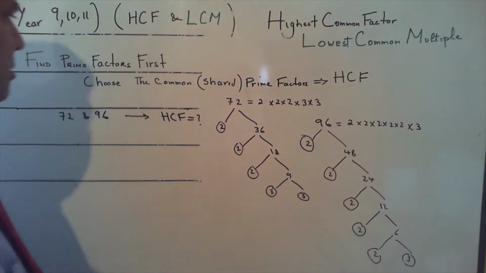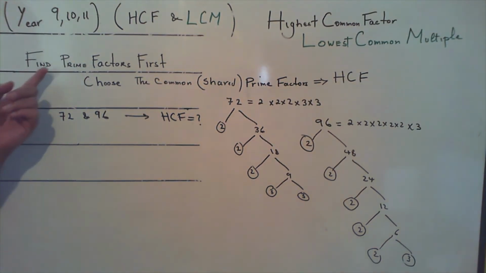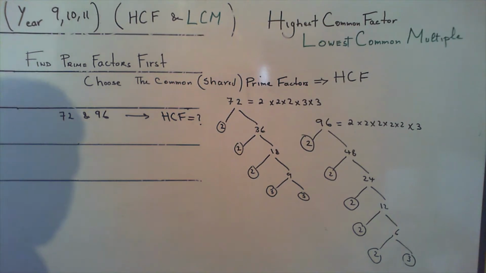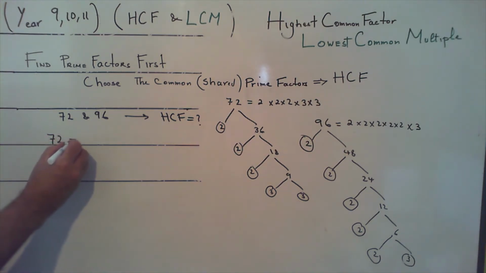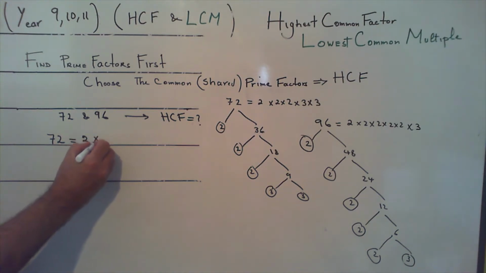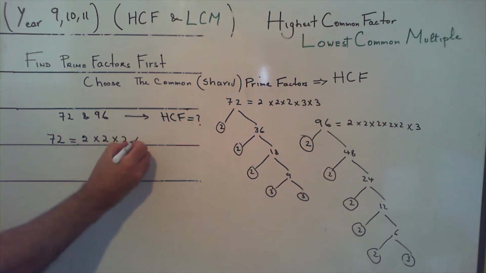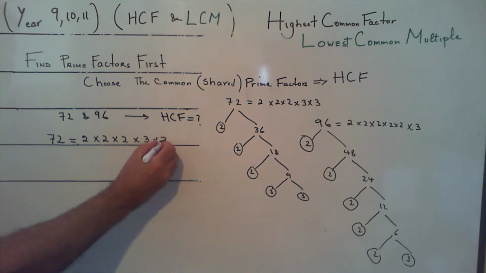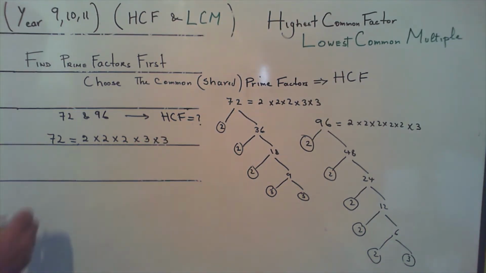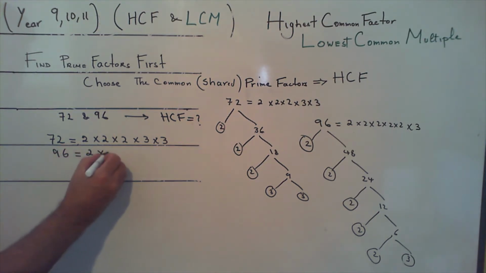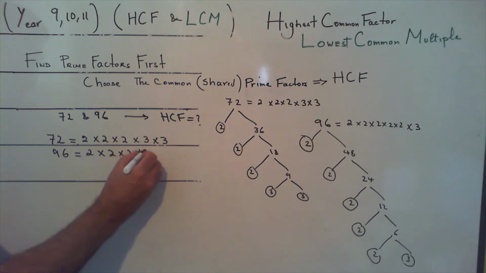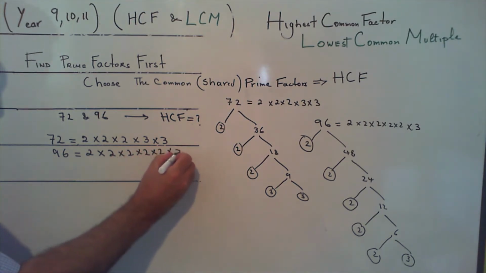So we said that in order to find HCF, we find the prime factors first. Now, when you've done that, I need you to write them underneath each other, please. So I write 72 as 2 times 2 times 2 times 3 times 3, and you write 96 as well: 2 times 2, 5 times, and 1 three.